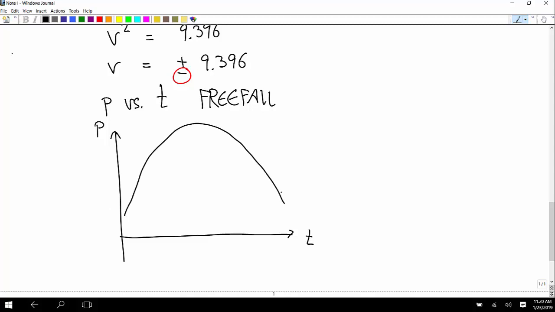And a parabola always has symmetry around its highest point. So if you choose any height, any position in the object's path, the velocity here is equal and opposite to the velocity here at the same point.